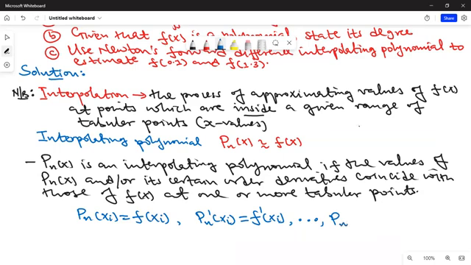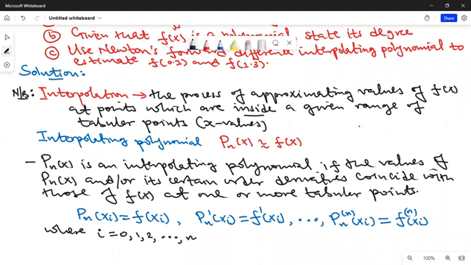Pn, of course, the nth order derivative is written this way at xi, is the same as the nth order derivative of f of x at xi, where i ranges from 0, 1, 2, all the way up to n.